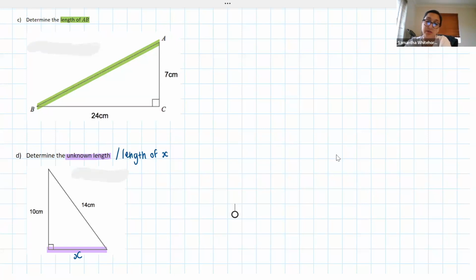Just remember to number your answers, please, otherwise I don't know what's what. And remember, guys, should you get a decimal or a fraction answer, you round off to 2 decimal places.